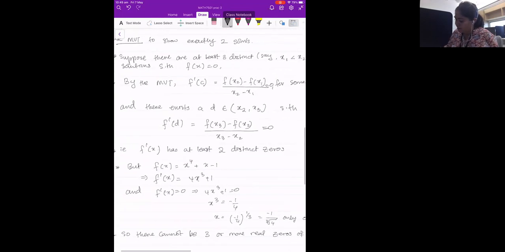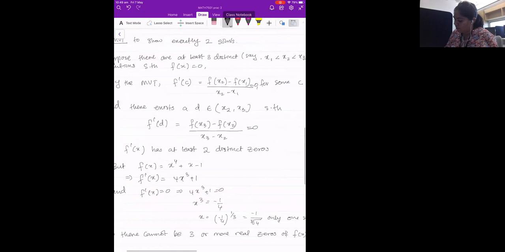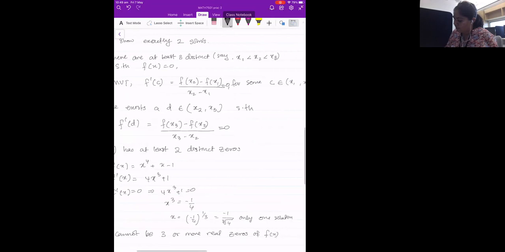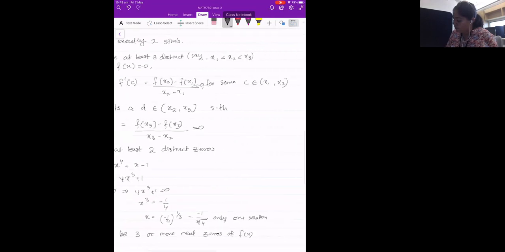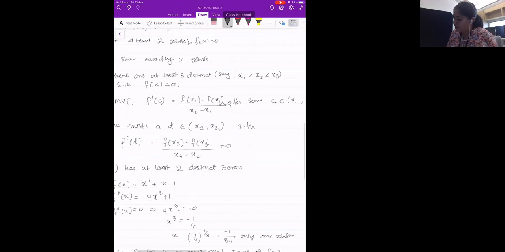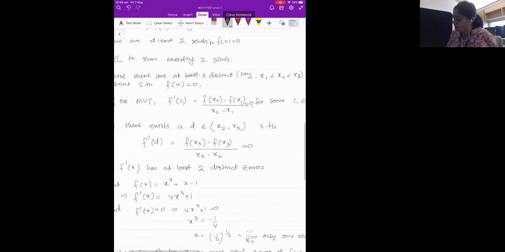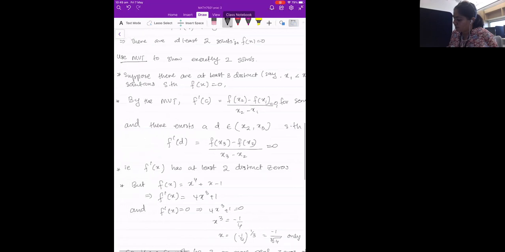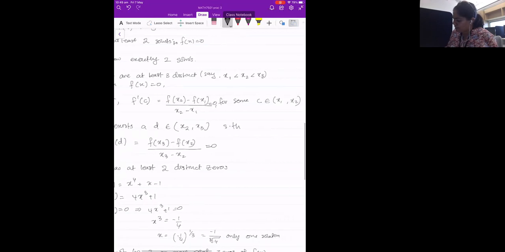Let's see, by the mean value theorem: first we assume that there are at least three distinct solutions, say x1, x2, x3 in order. Then in the interval x1 to x2, f'(c) is given like this.